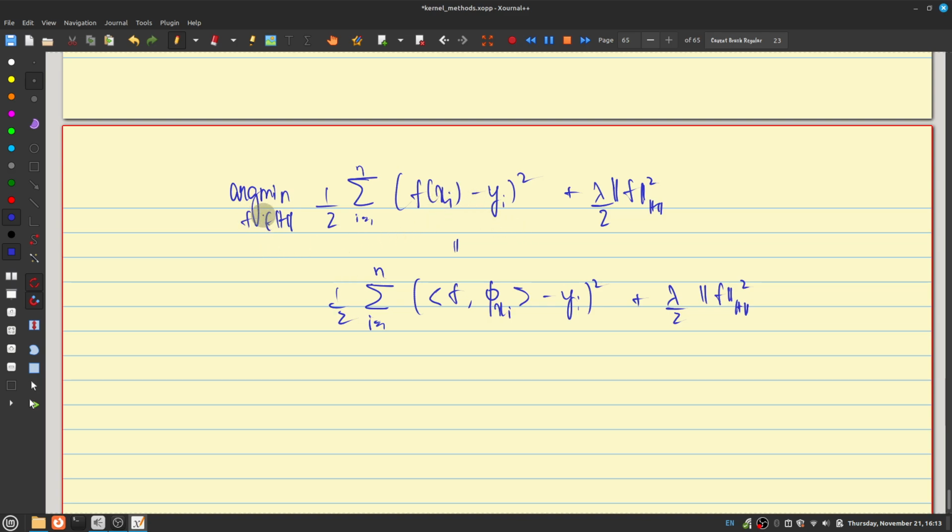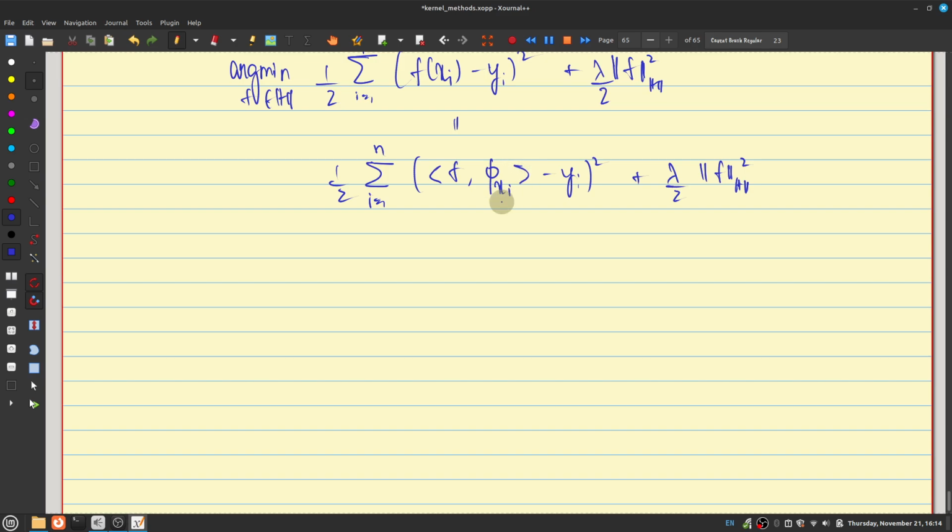The optimizing f is a linear combination of phi xi's, but we still don't have an efficient way of finding that linear combination. So the whole point is to efficiently find this linear combination.